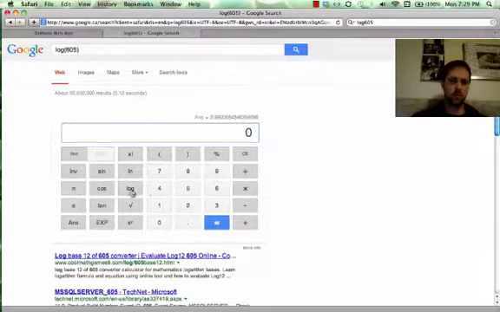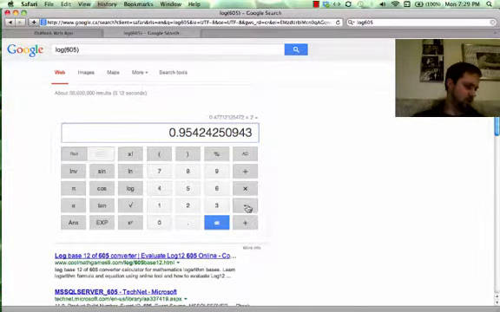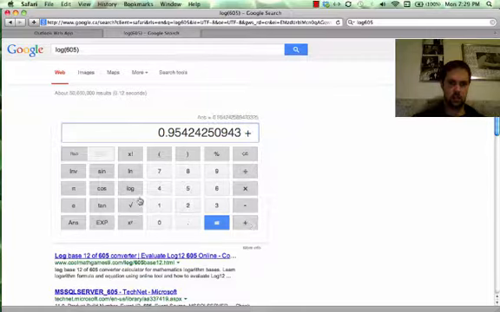So the first one was 2 log 3. So we go log 3 equals times 2 equals, and then add log 4. We get 1.556.